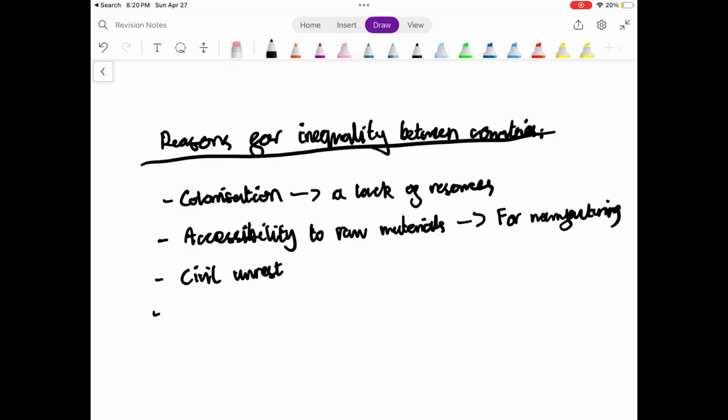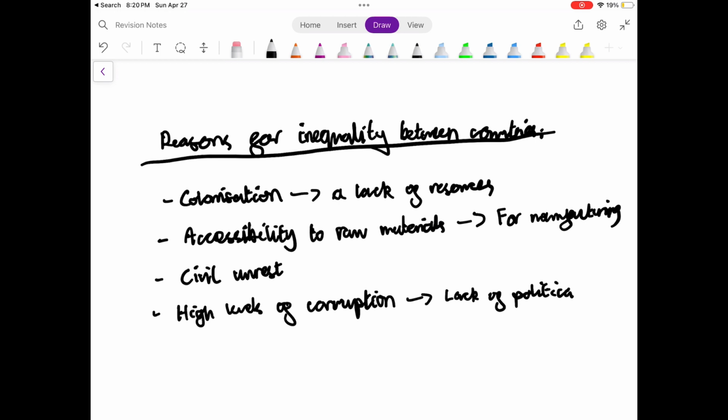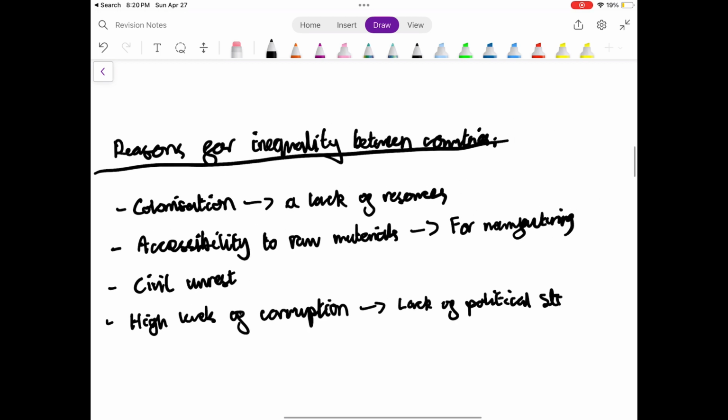The next is high levels of corruption, and this can lead to a lack of economic development because there may be a lack of political stability.